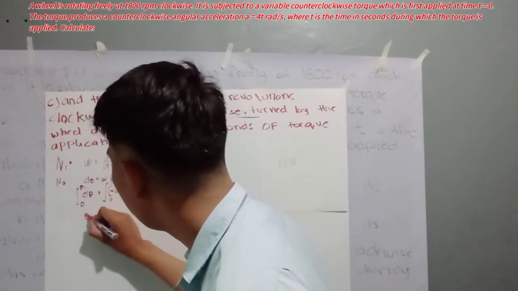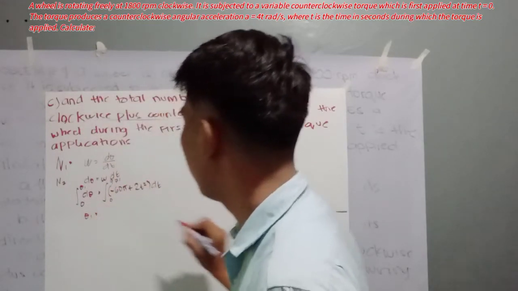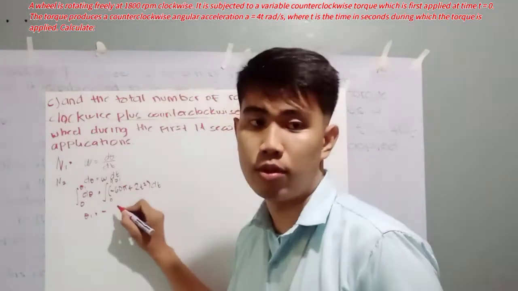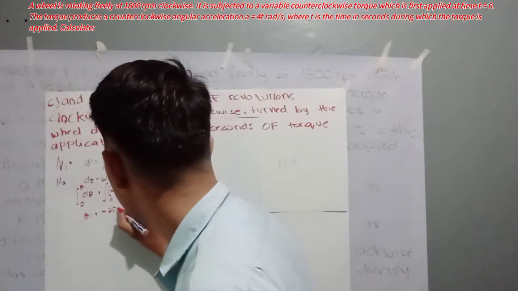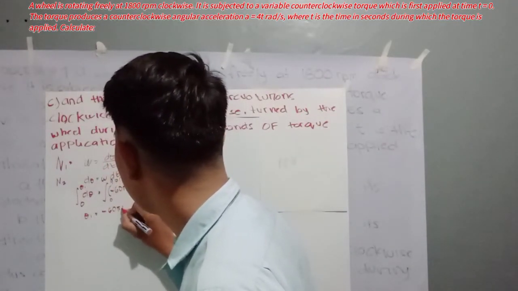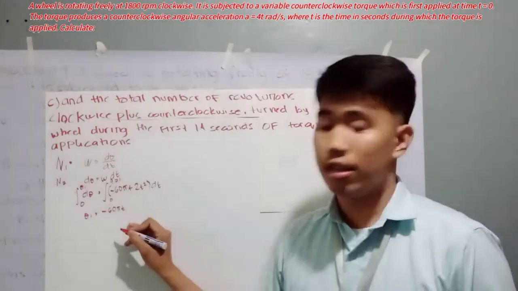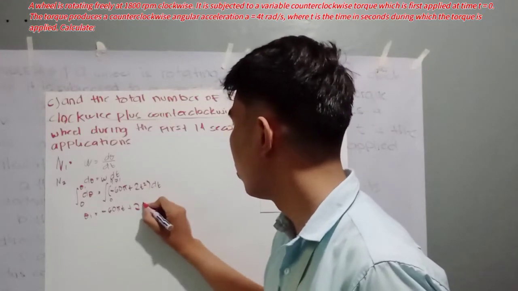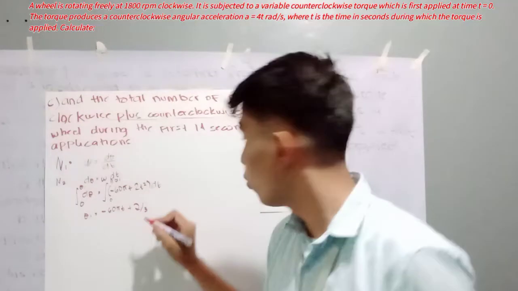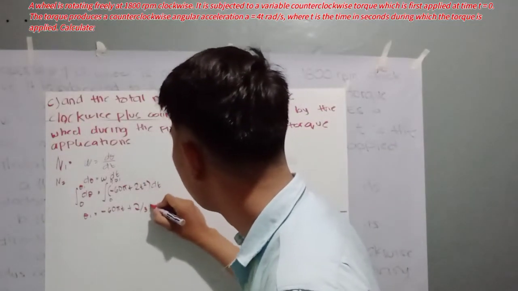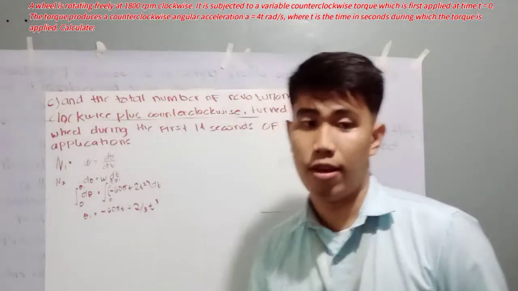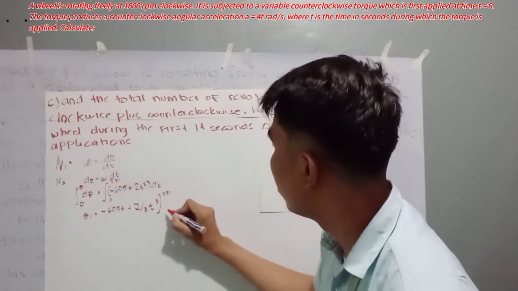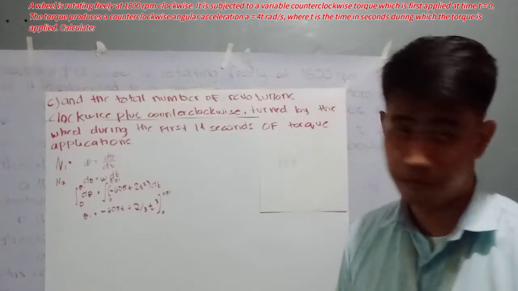By manipulating the equation, theta 1 equals negative 60 pi t plus 2/3 t cubed, with limits from 0 to 9.71.